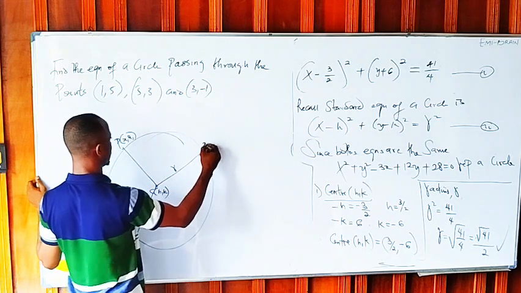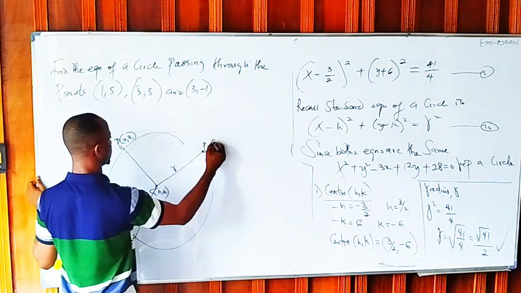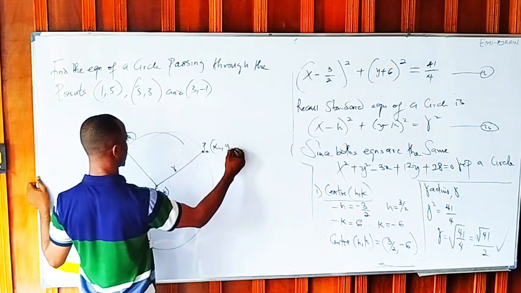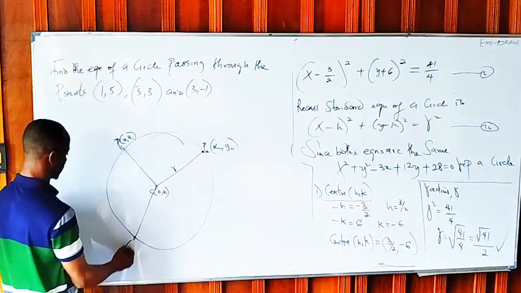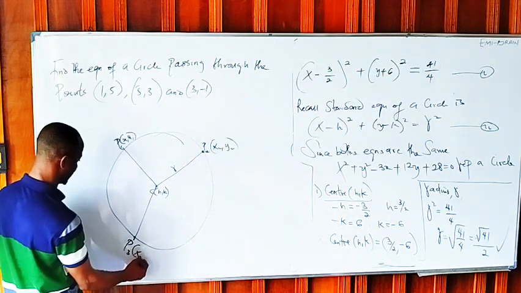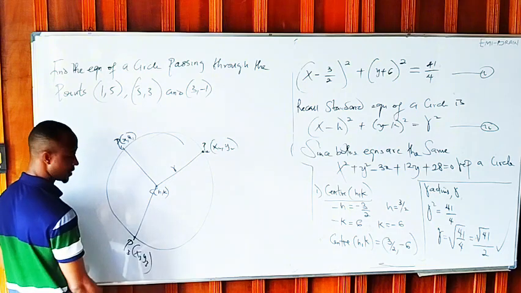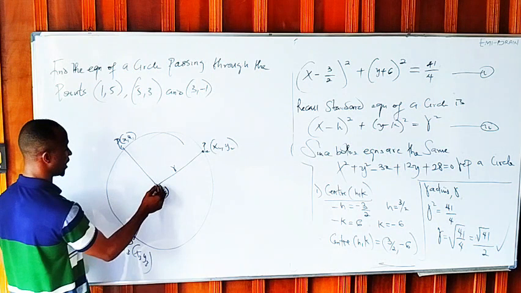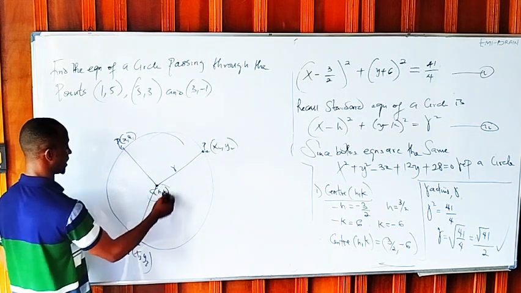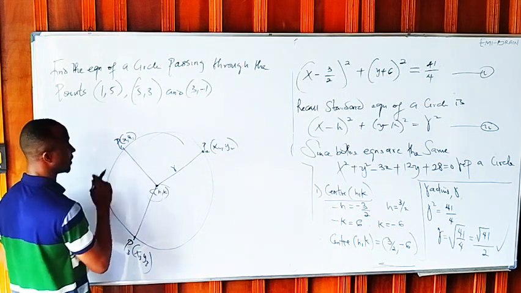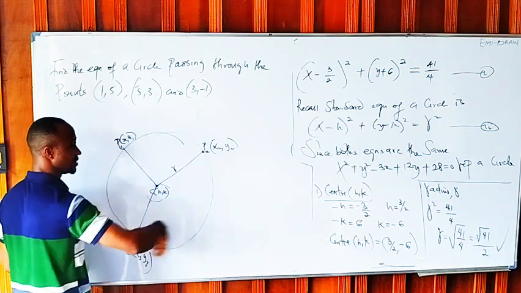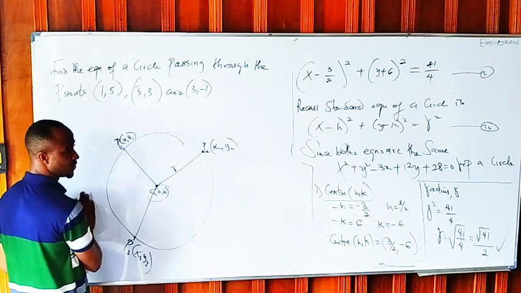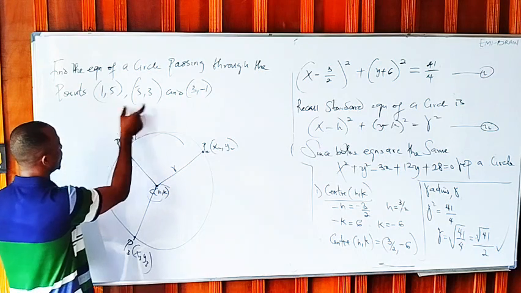We have another one here, x2, y2, and another one, x3, y3. We have 3 different points on the circle, but we don't have the center and radius. So find the center and radius. The way we can solve it is by using the general equation of the circle.